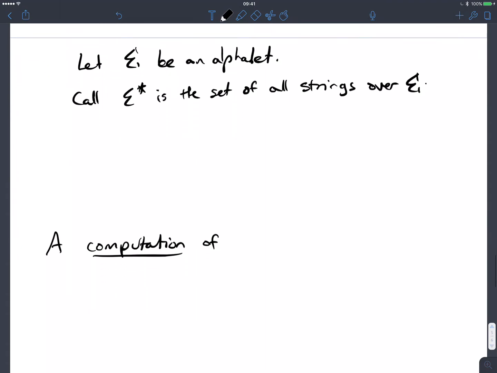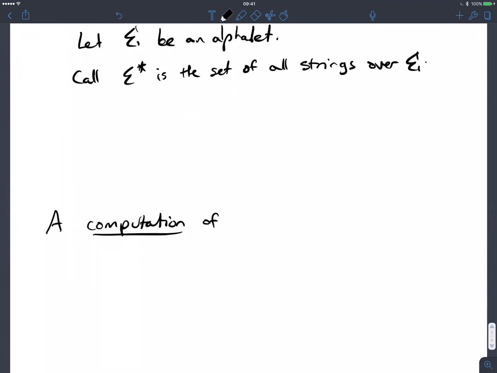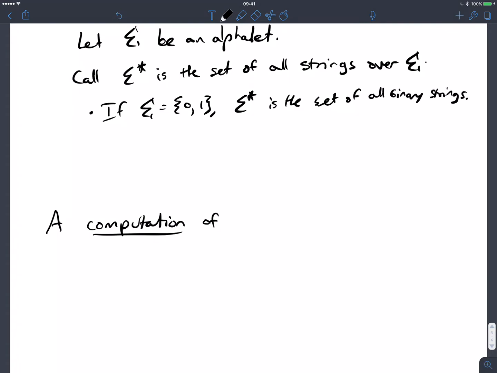Just as an example, if sigma happened to be the set {0, 1}, sigma star is the set of all binary strings. But, of course, we can talk about any alphabet here.